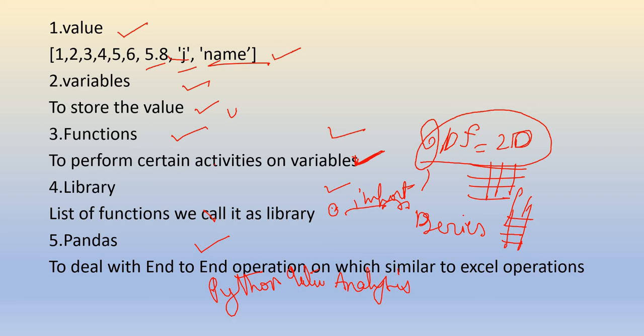To load the data set into a data frame, we import pandas in our program wherever we are going to use it. So pandas has only two things: one is the data frame, another is series. Series is for a single dimension, whereas data frame is the 2D structure. The most widely used one is the 2D structure, the data frame.